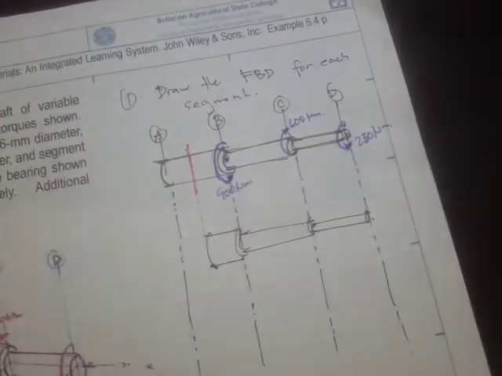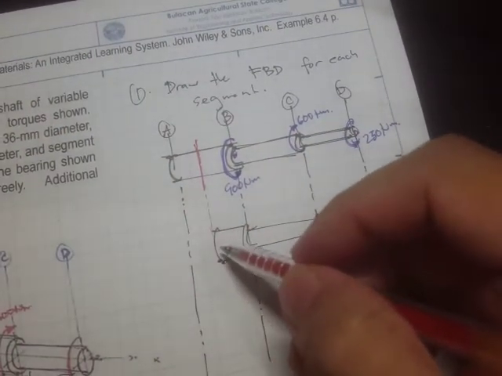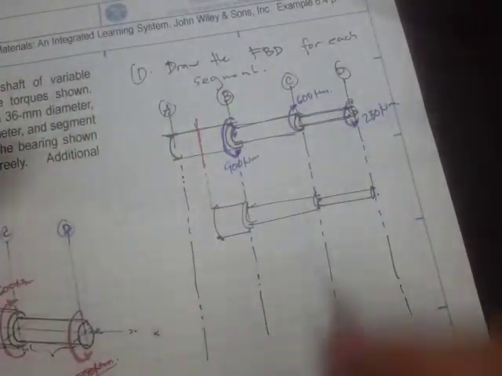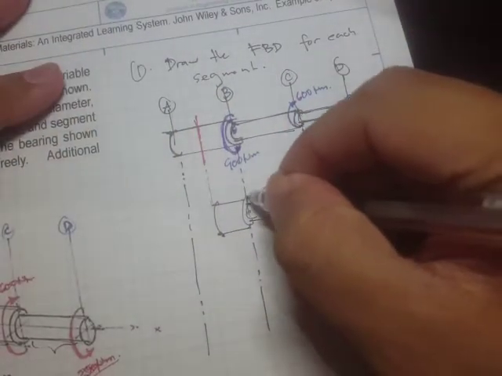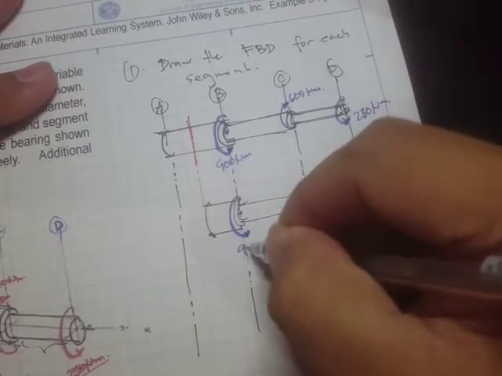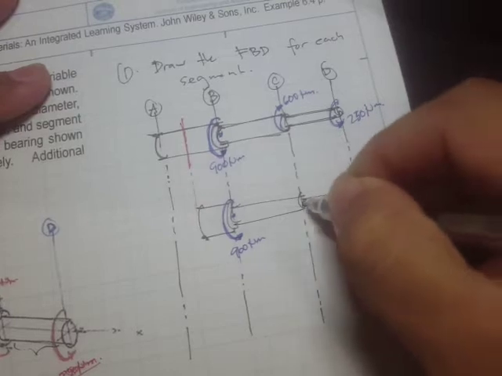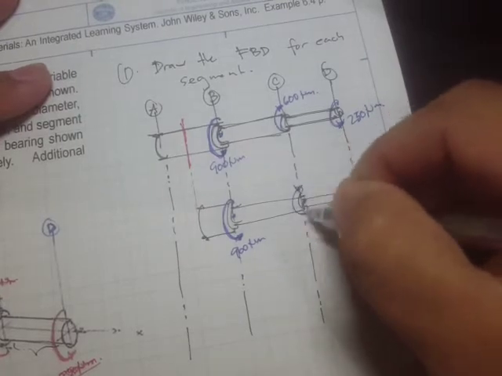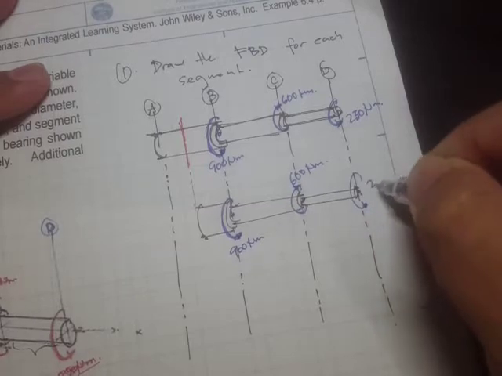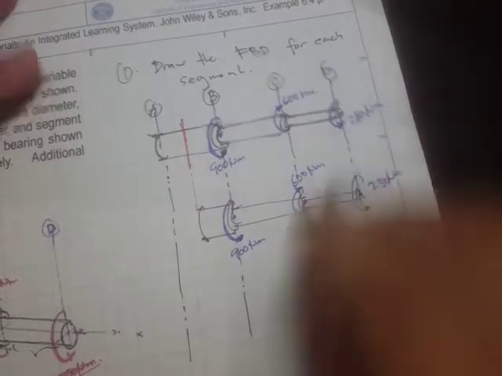So at this section cut, then what's going to be the torque? So let me redraw first this one. This is 900 Newton meter, and this is 600 Newton meter, and this one is 250 Newton meter.